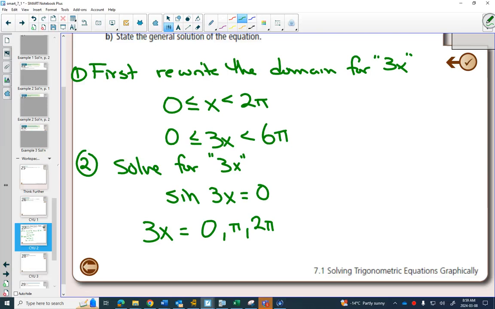But how many times do we need to go around for 3x? We need to go 3 times around. So the second time around, can you see that you would also have 3 pi and 4 pi? And the third time around, you would also have 5 pi and 6 pi.